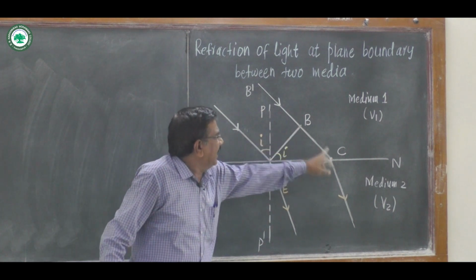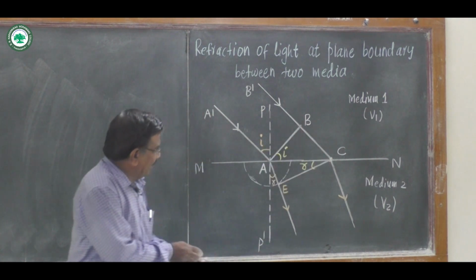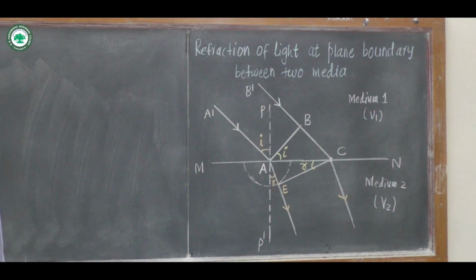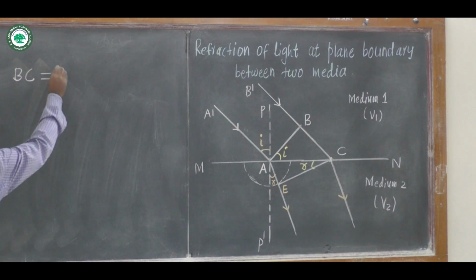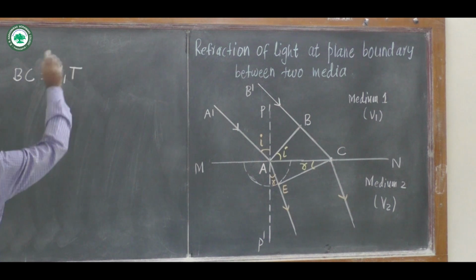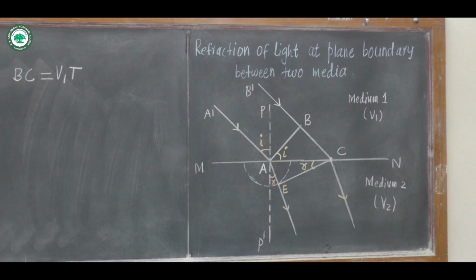As v1 is the speed of light in medium first, this distance BC is v1 into t.